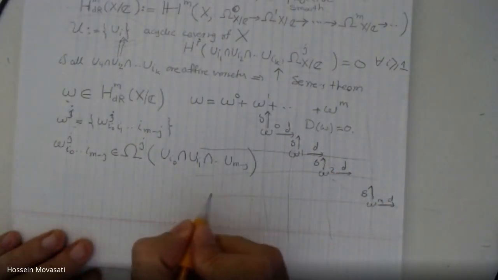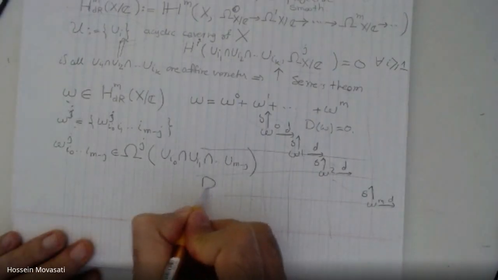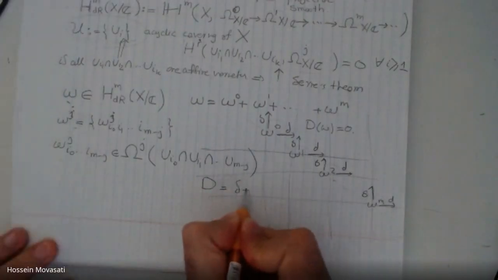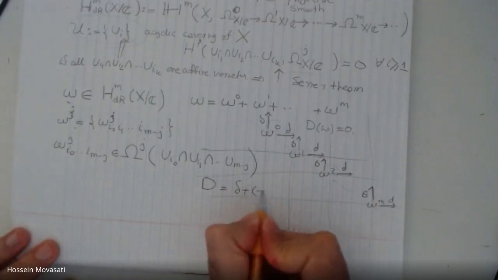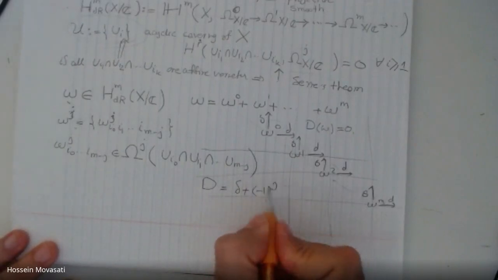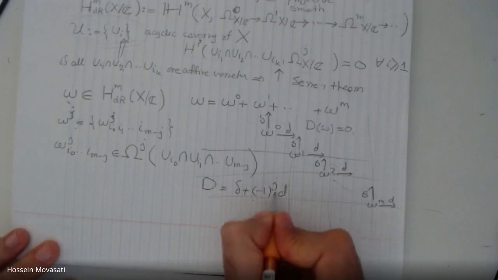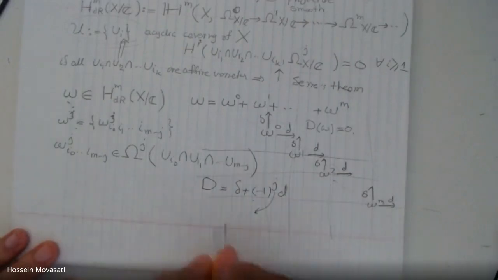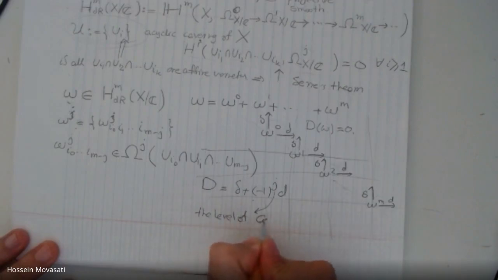And remember that at the end, d was, I always forget the correct sign. d was what? Delta plus minus 1 to the j d, and this j is the level of Čech cohomology.